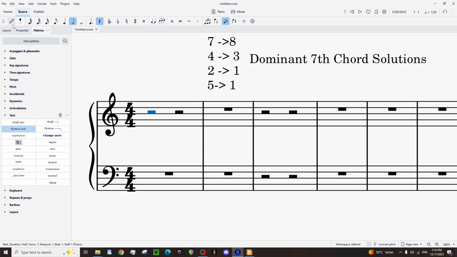So let's start with this basic shape. Right now we'll always have a dominant seventh chord.